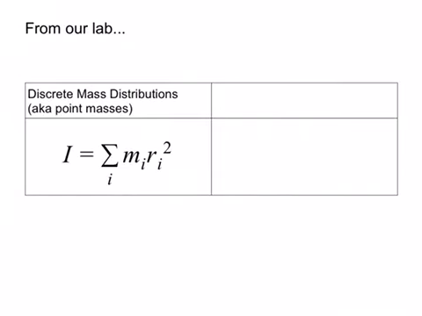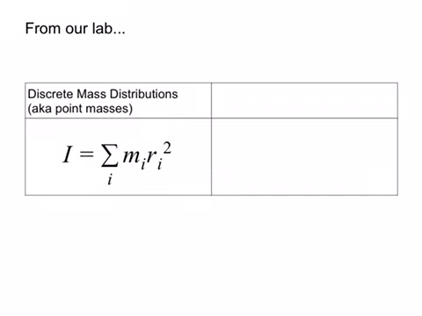So from our Newton's second law lab for torques and soup can races, we have some idea that moment of inertia is related to mass as well as the distance that particular mass is from the axis that it rotates around.